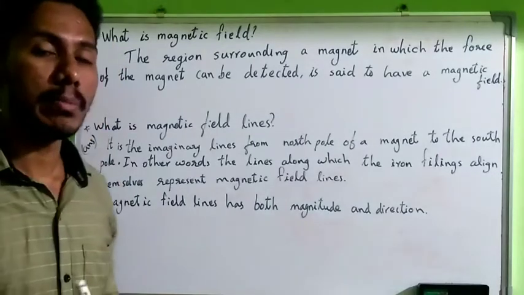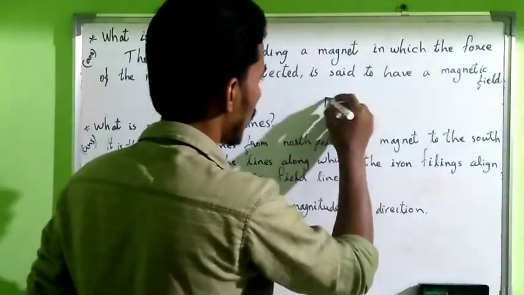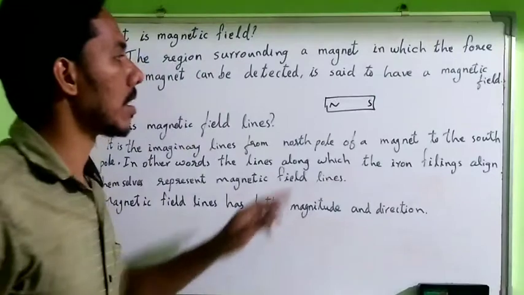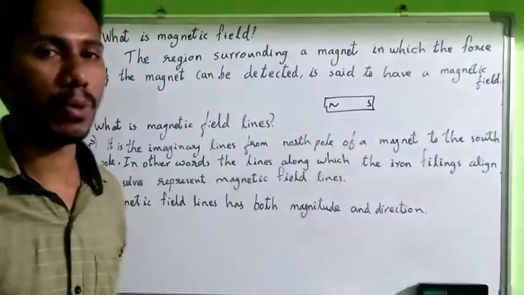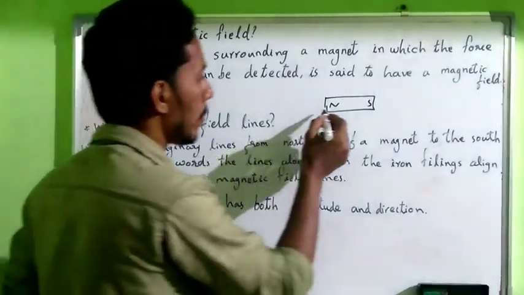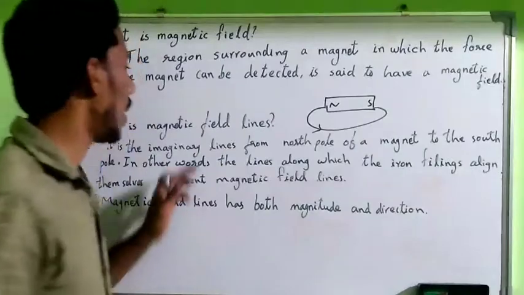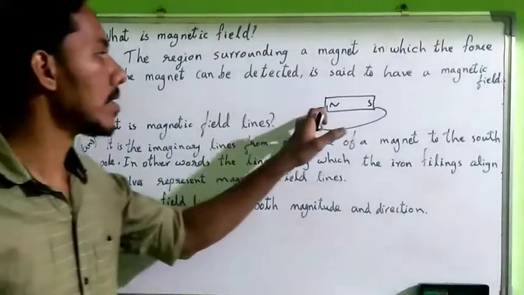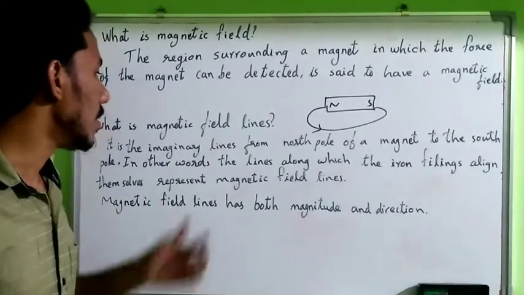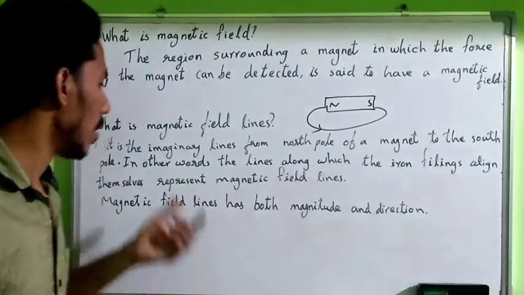Then what are magnetic field lines? For any magnet, we can represent north and south poles. Then the magnetic field lines pass from north to south. Magnetic field lines are imaginary lines from the north pole of a magnet to the south pole.